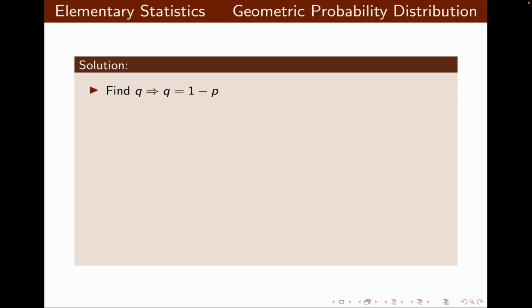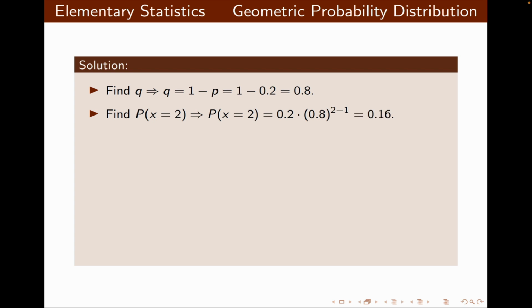To find q, we're going to use the formula 1 minus p. P was 0.2, so q will be 0.8. To find the probability that the first success happens on the second trial, we're going to use the formula, and we get 0.16.